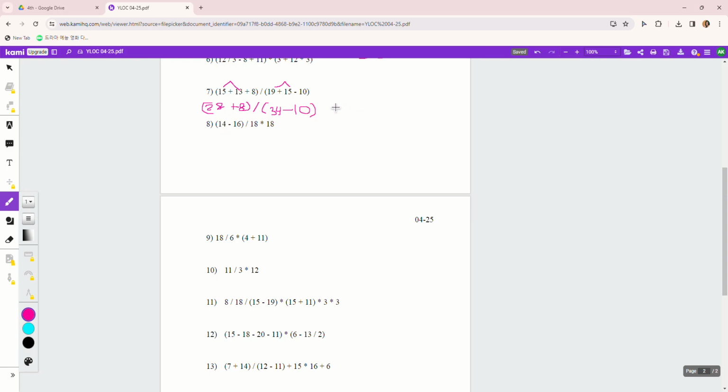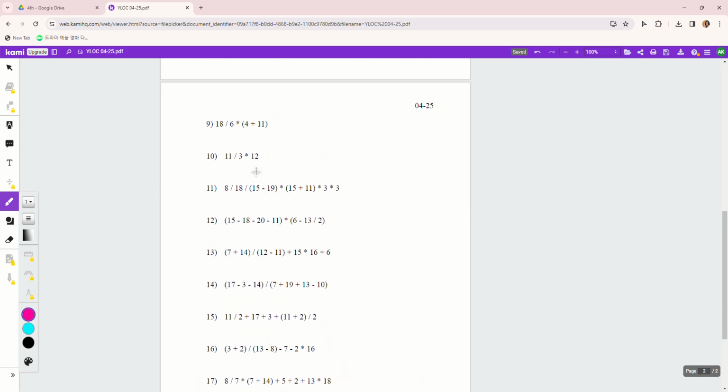So then 28 plus 8 equals 36, divided by 34 minus 10 is 24, and 36. So the answer would be 1.5. If you divide all these, you would get 1.5.